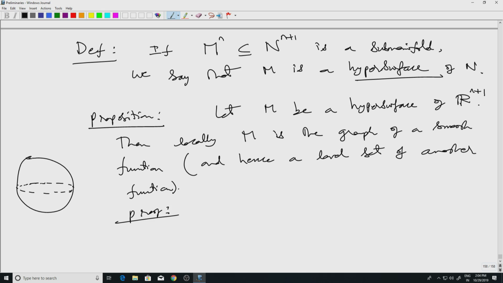Well, I know that every point on the sphere, if I am in the upper hemisphere, is in the graph of a certain function. Similarly, if I am in the lower hemisphere, I am in the graph of a certain function, and that description continues to hold even when I'm on the equator. As an example, let's look at the case of S^2 inside R^3.